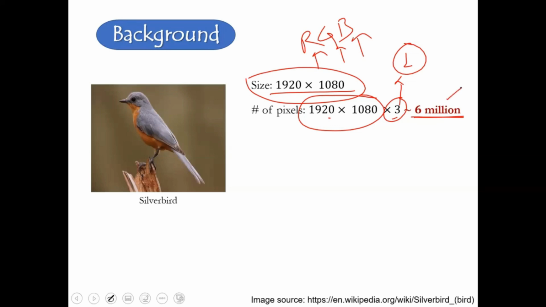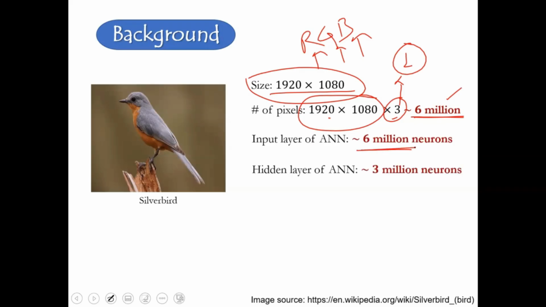Right. So the number of pixels now is 6 million. In the previous slide, I showed that the input layer of the neural network will have all the pixels in its first layer, right? So the input layer of the ANN will have 6 million neurons. Now suppose there is one hidden layer, and suppose we reduce it to half, so there are 3 million neurons or 3 million nodes.